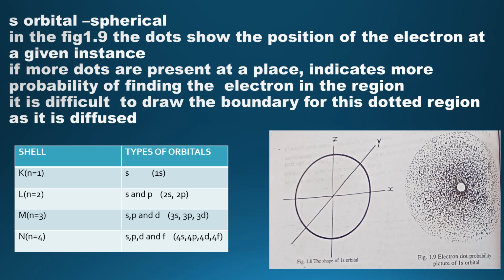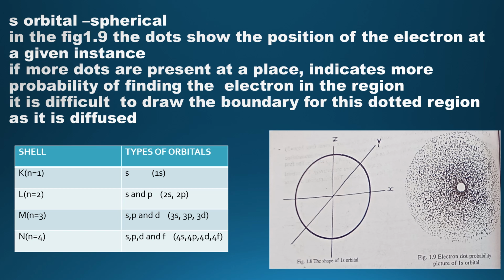The s orbital of K shell is called 1s. Hence, the number 1 refers to the principal quantum number n. Similarly, the s orbitals belonging to second shell is 2s, third shell is 3s, and fourth shell is 4s, and 5s respectively.